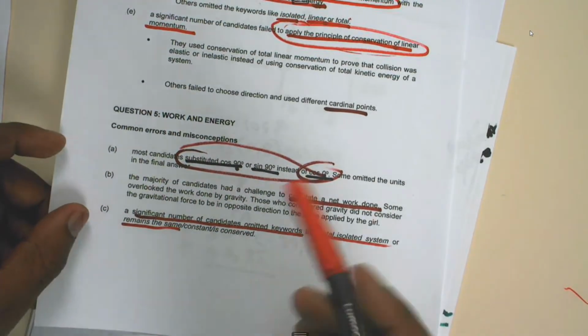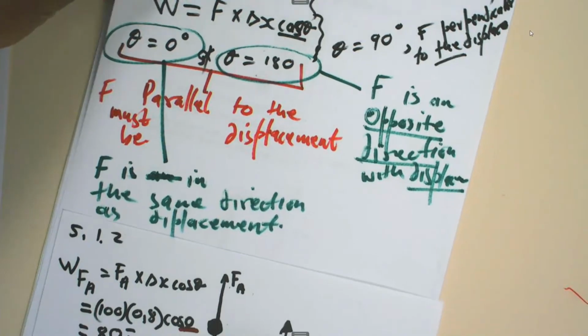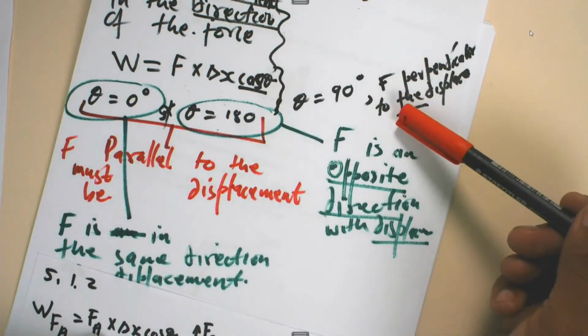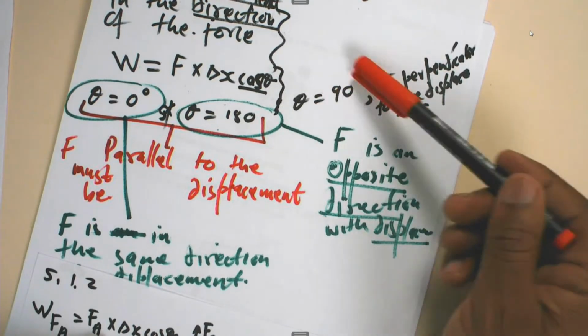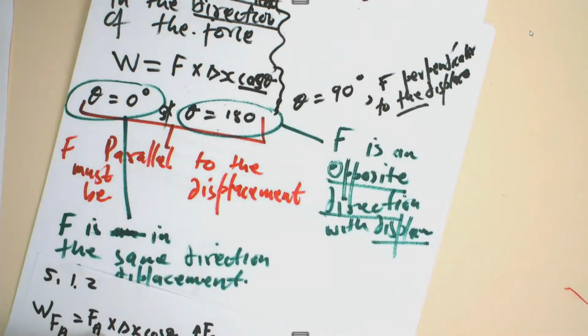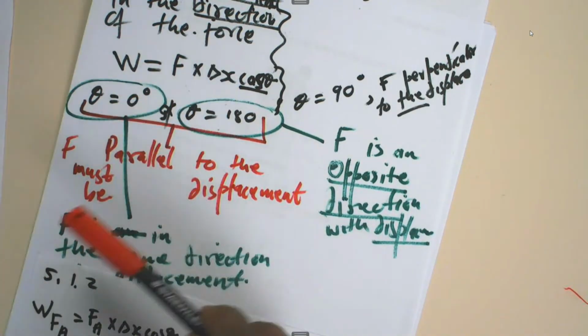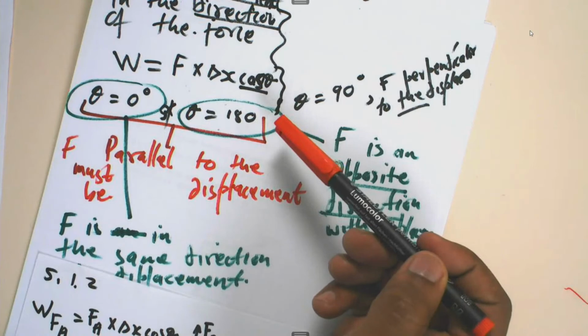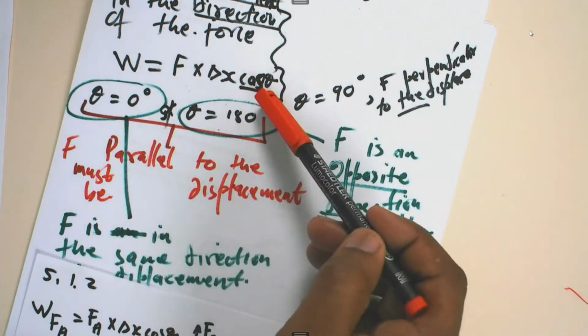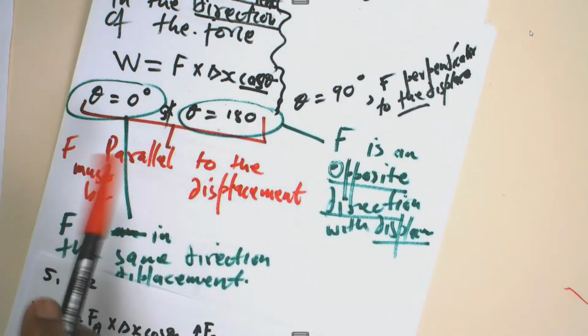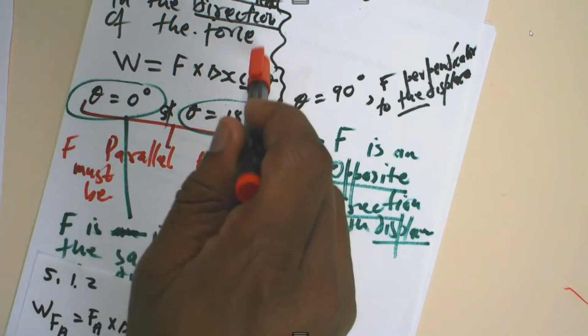So it is important first to check if your forces are perpendicular or parallel. Once your force is perpendicular to the displacement, then theta will be equal to 90. But for our case, in terms of the calculations, we only substitute 0 and 180 into this equation.